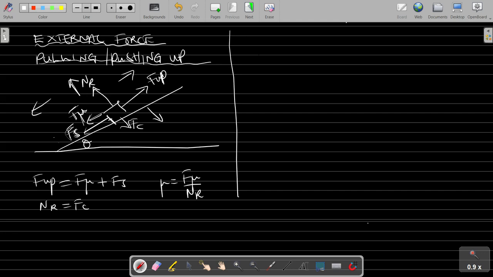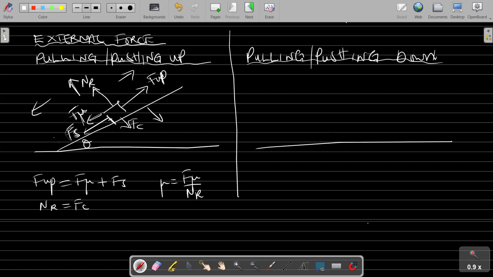Your last scenario is a case where you have a force which is pulling or pushing downwards, down the incline. So let's start first.